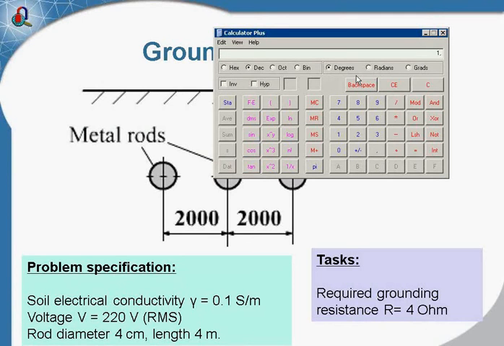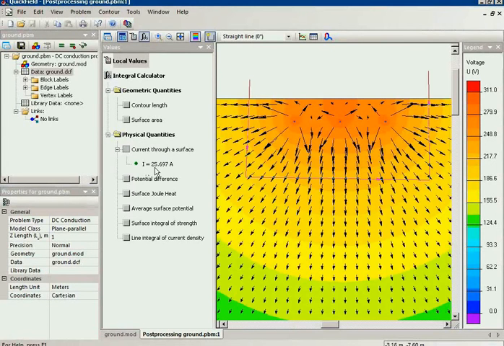I should multiply it by the square root of 2 to get the peak value and divide this peak voltage value by the current value, 25.6.